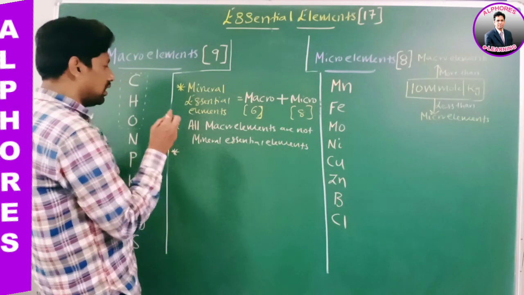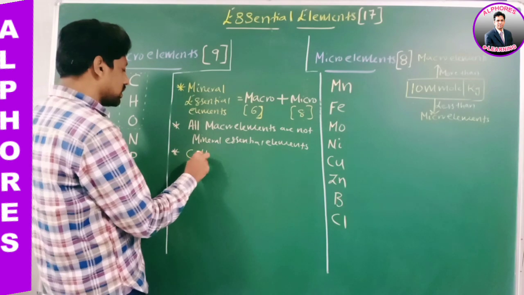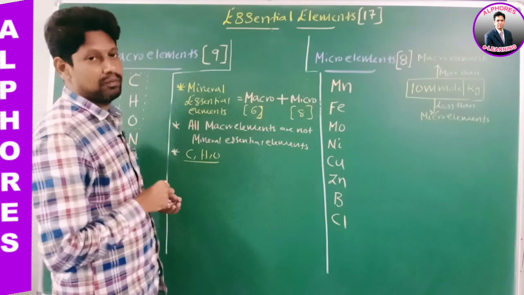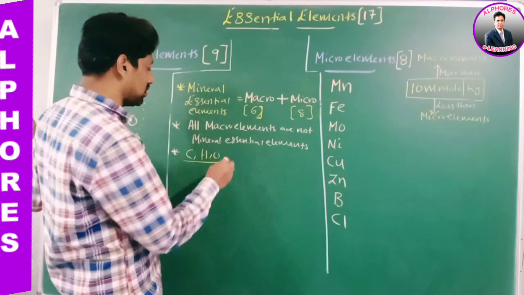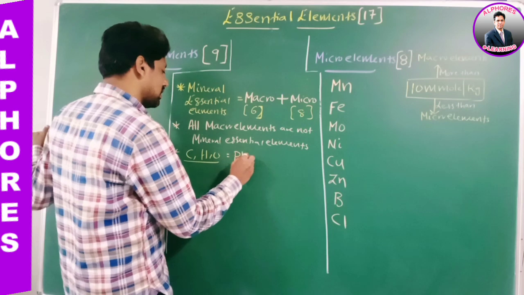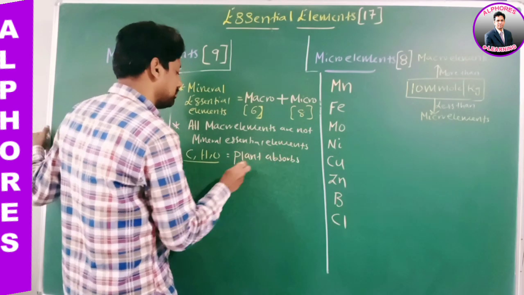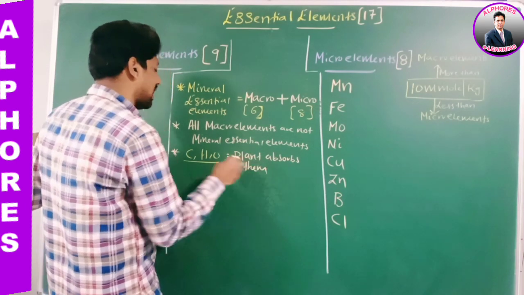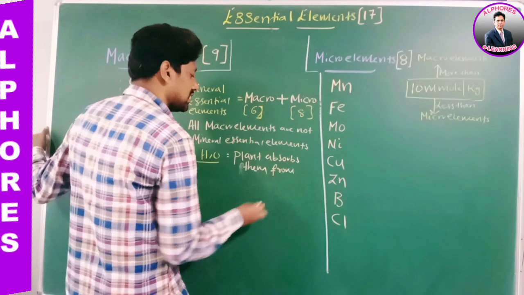Right? Now listen to this statement. Sir, carbon, hydrogen, oxygen. Plant absorbs these three mainly from carbon dioxide and water. Plant absorbs carbon, hydrogen, oxygen from where, sir?